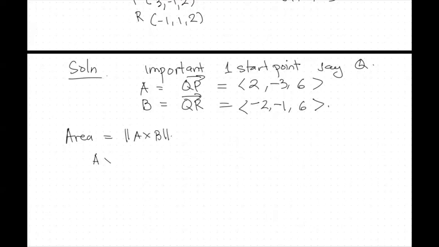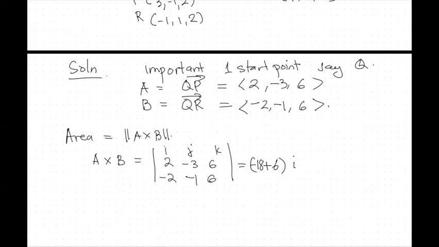So we want to compute first the cross product of these vectors: 2, -3, 6 and -2, -1, 6. First, for the i component, we get -18 plus 6, that is -6 minus -6.